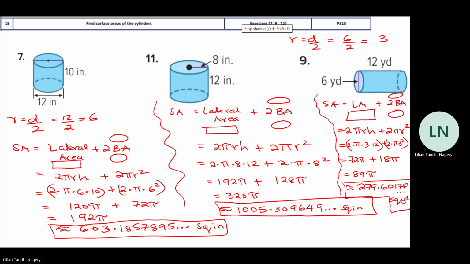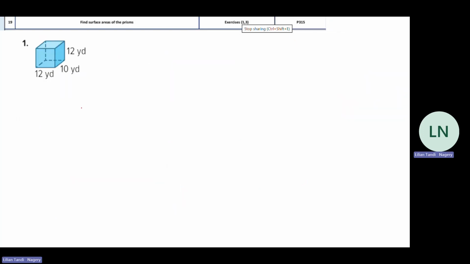Okay? Right. So now we have here, this you can do two ways. This is a rectangular prism. So we want surface area. So surface area will be 2 times length times width plus 2 times width times height plus 2 times height times length.